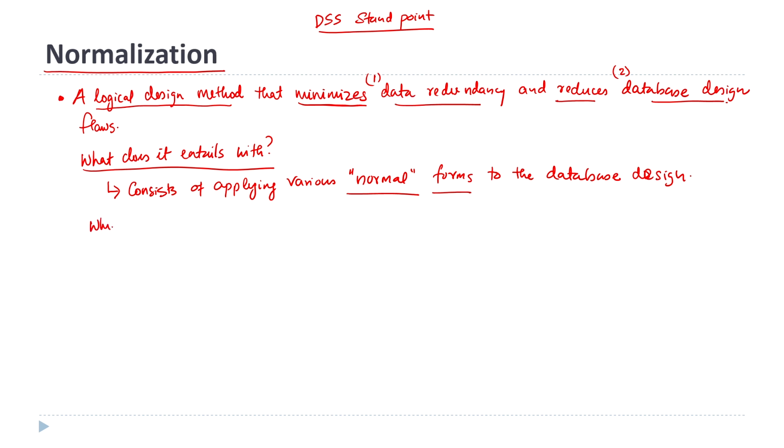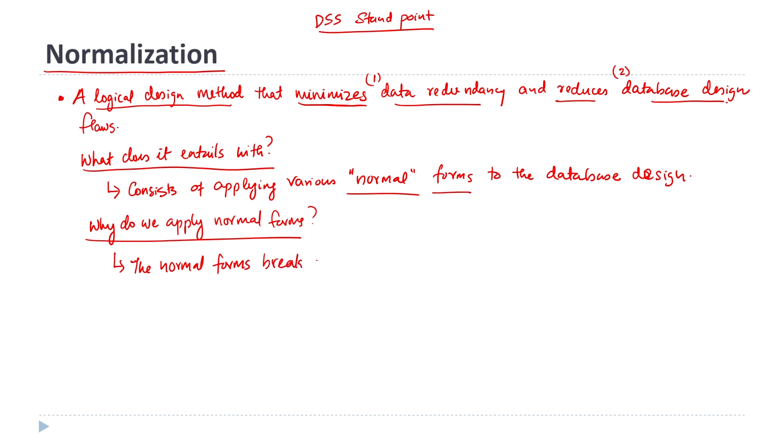And why do we apply normal forms? The reason is that normal forms break down large database tables into smaller subsets.